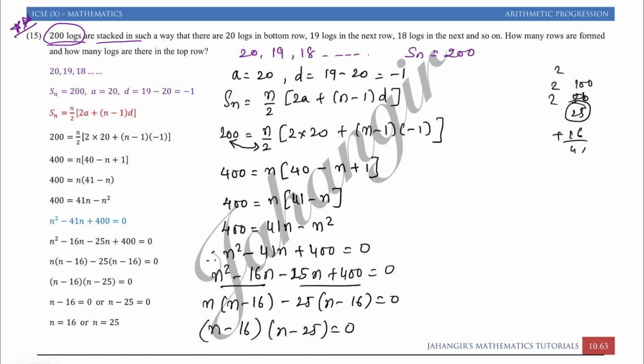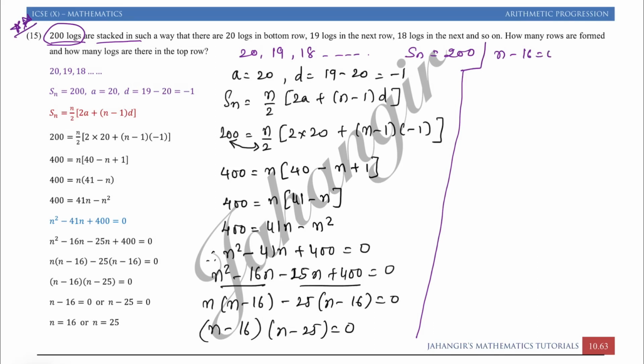Therefore we get two values of n, but both values are positive. So n minus 16 equal to 0 or n minus 25 equal to 0. So n is equal to 16 or n is equal to 25. It means the number of rows can be 16 and the number of rows can be 25.